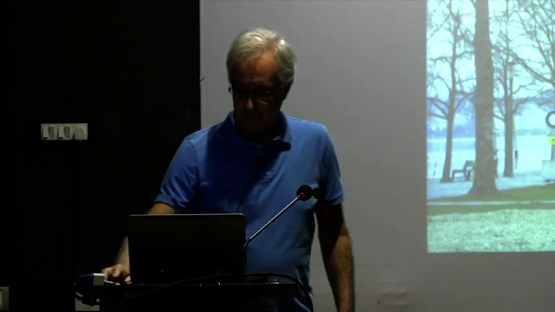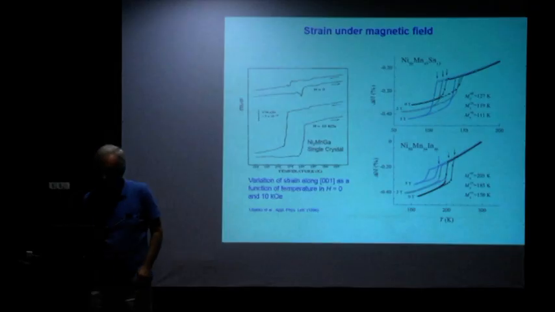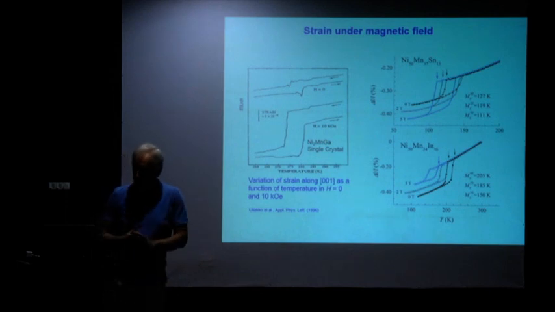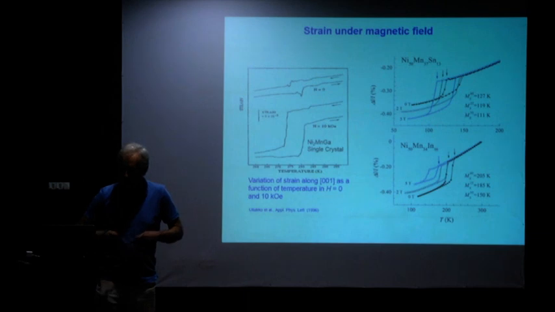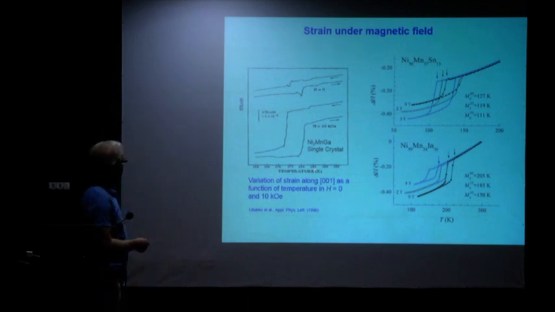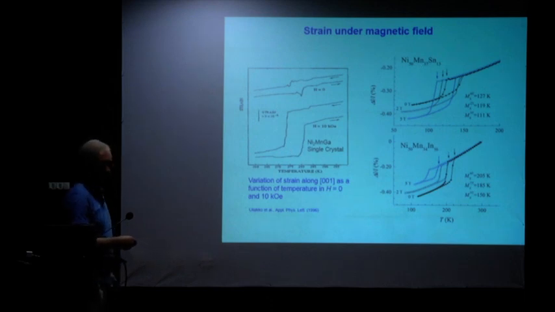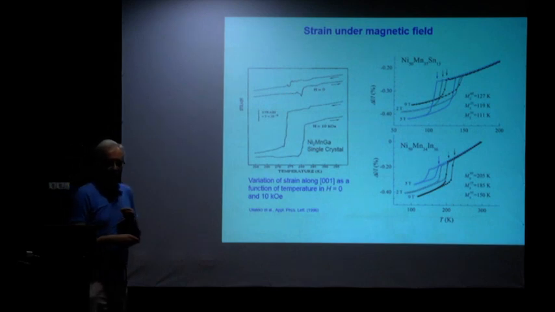Okay. So let's get back to this figure. Let's compare here the various cases. We have nickel manganese gallium, nickel manganese tin, and nickel manganese indium. First, we measure in zero field. Nickel manganese gallium, nothing happens in zero field. It just goes down and back up again.